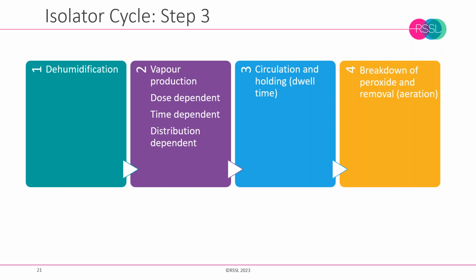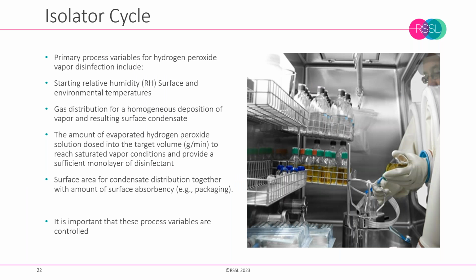So the variables that we need to control are obviously starting relative humidity, surface and environmental temperatures, gas distribution and homogeneity. We need to measure the amount of evaporated hydrogen peroxide solution dosed into the target volume, because that's our measure of when we reach saturated vapor conditions, and gives a degree of assurance that we provided a sufficient monolayer of the disinfectant.